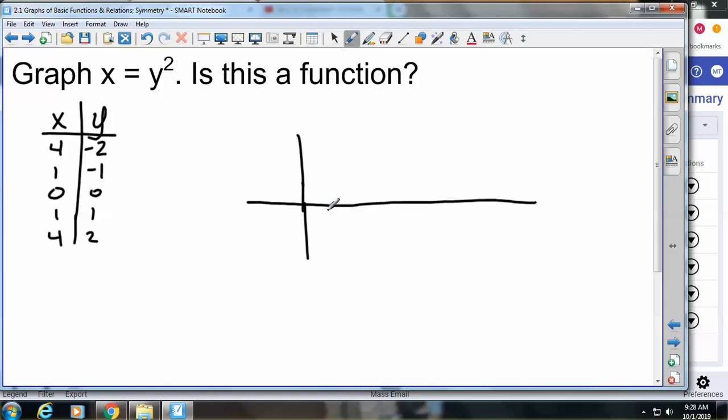Okay, so if I'm going to graph that, I've got 4, negative 2, 1, negative 1, 0, 0, 1, 1, 4, 2. What is this? Yeah. It's like a parabola flipped on its side, isn't it?